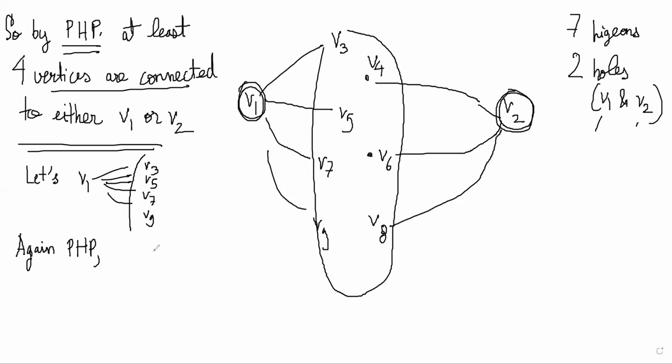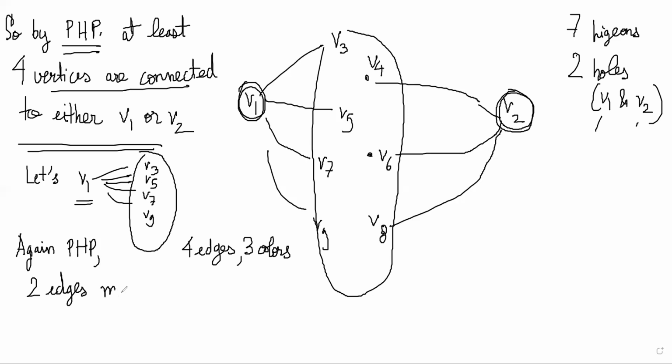We say there are 4 connected to V1, but V1 knows only 3 languages, so there are only 3 colors. So there are 4 edges and 3 colors. So that means 2 edges must have the same color.